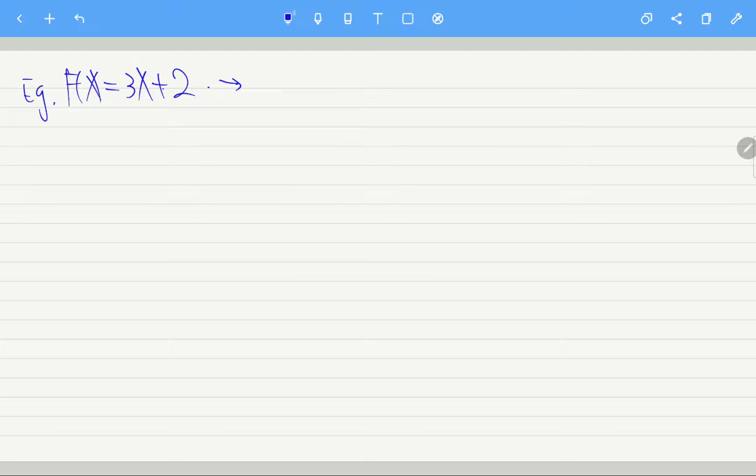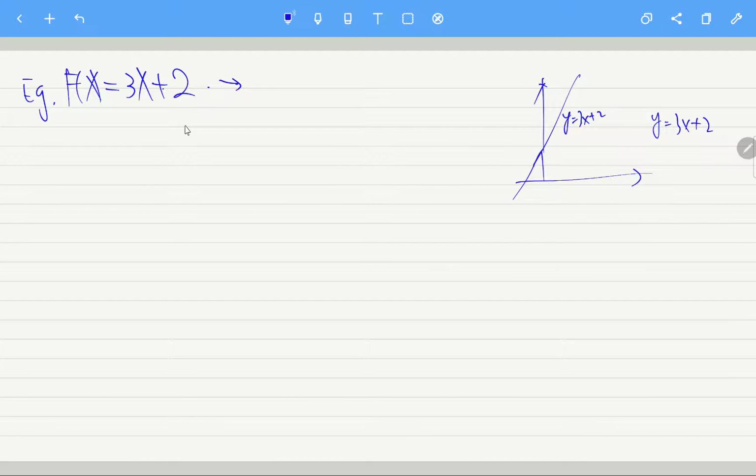Do you think this is a linear or non-linear function? It looks like it is linear, because when you learn analytic geometry, y equals 3x plus 2 is a linear equation. The shape of this equation is a straight line.